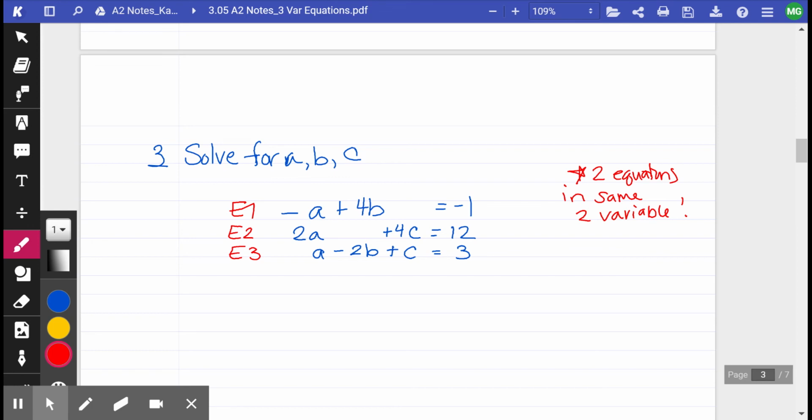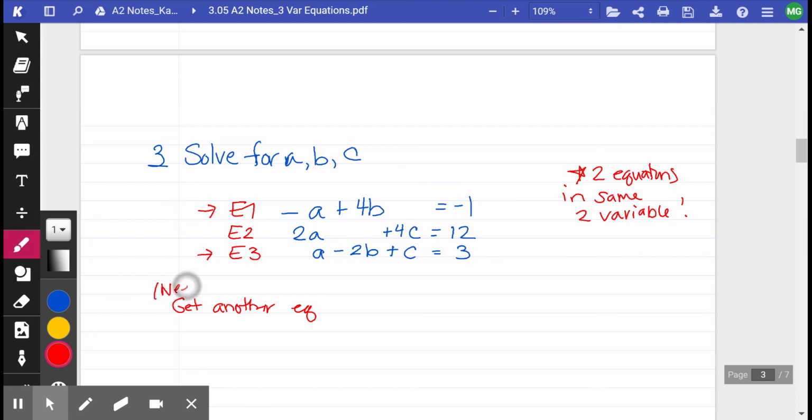So what you can do is focus on one of your equations that you have in just two variables, either the A and B or the A and C, and just keep one of those as is. So let's keep the A and C. So let's look at the A, B one here. I want to use equation 1 and equation 3 to get another equation in A and C.